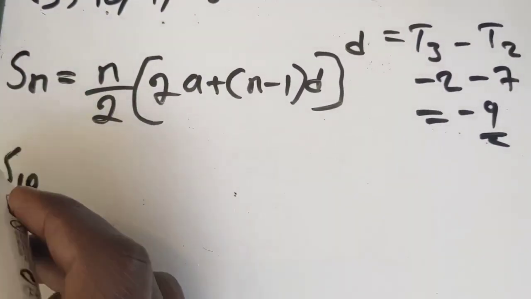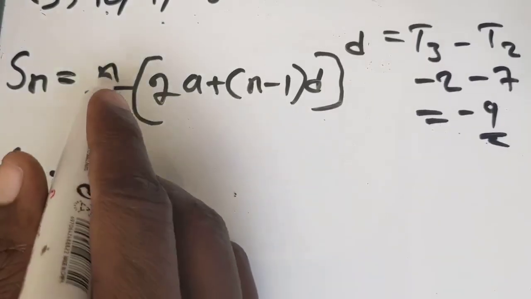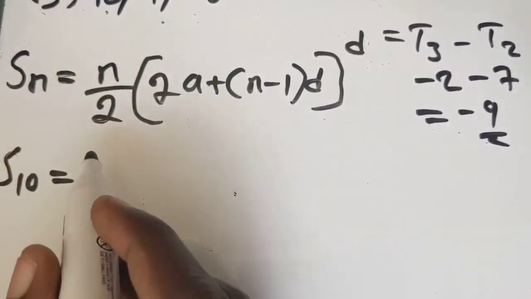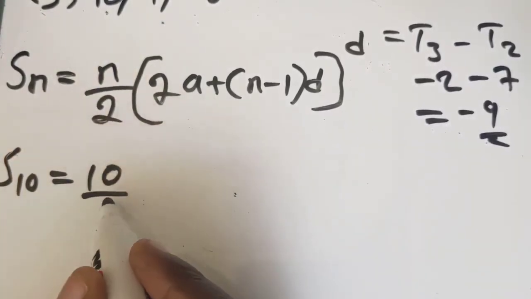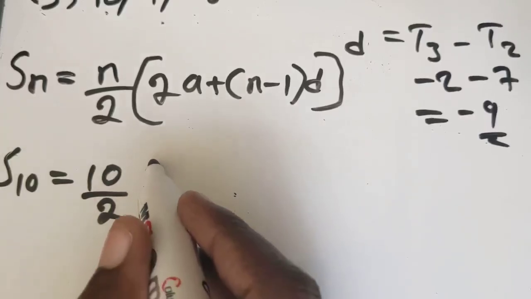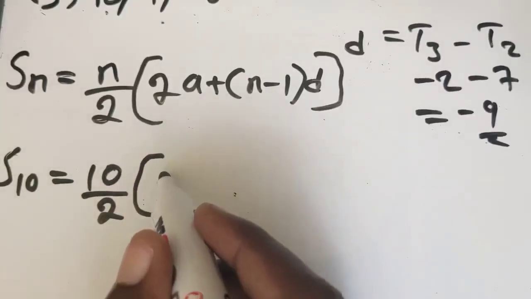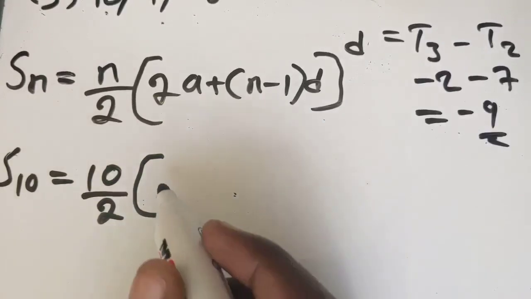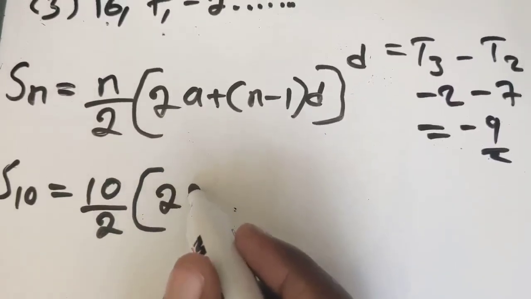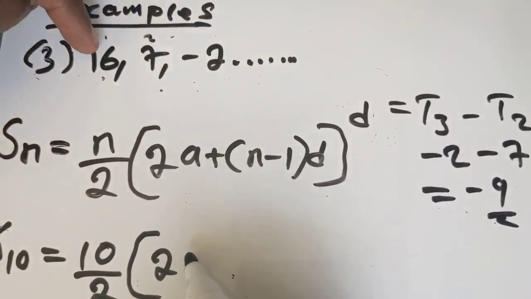So you write it like that, is equal to, n is the number of terms, so you put 10 divided by 2, multiplied by, so this bracket is a multiplication sign, 2 times the first term. The first term here is 16.